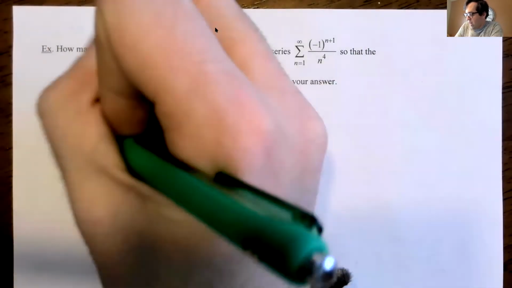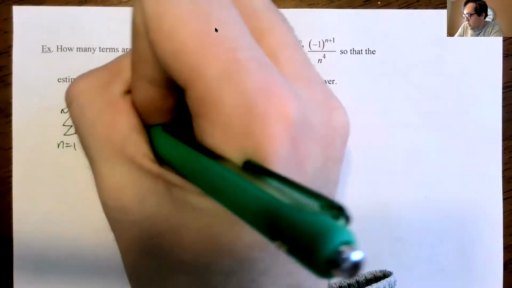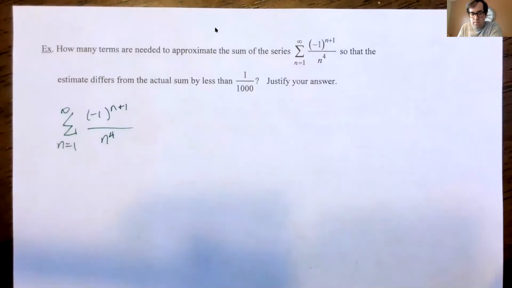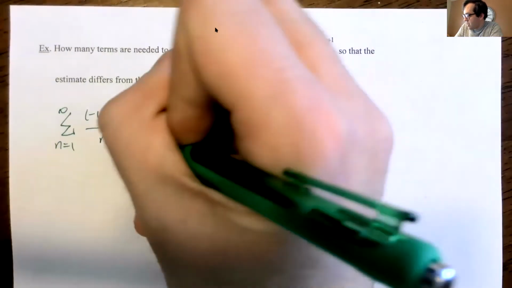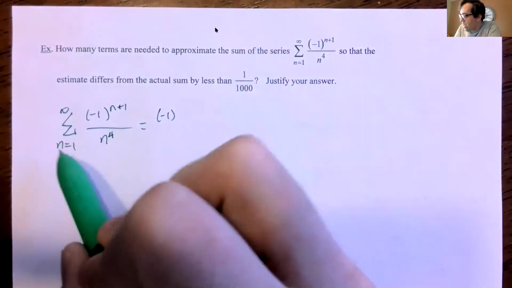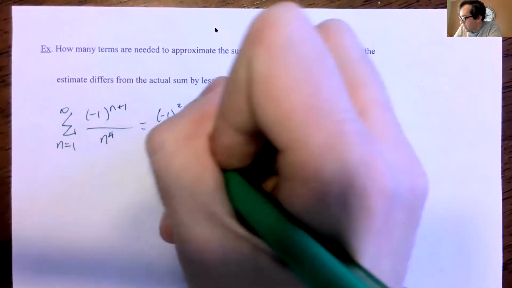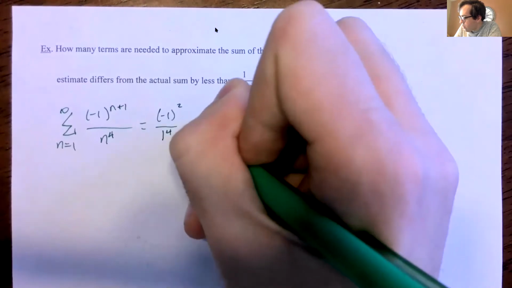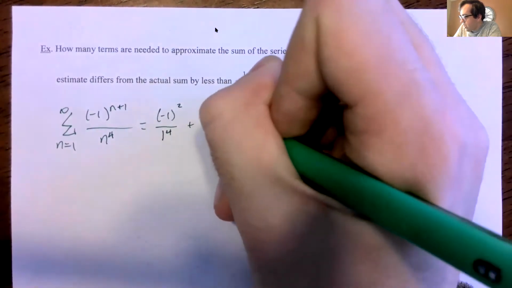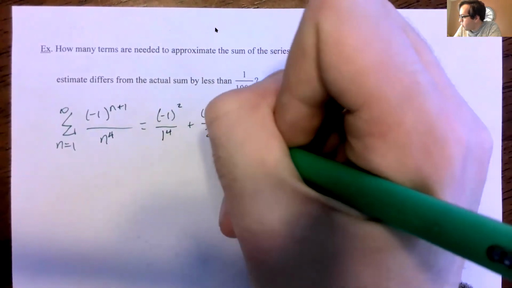So I'm going to start by just writing out this series. And let's just write out the first several terms. So we're going to have when n equals 1, that's going to be negative 1 to the second over 1 to the fourth. And then it's going to be negative 1 to the third over 2 to the fourth.